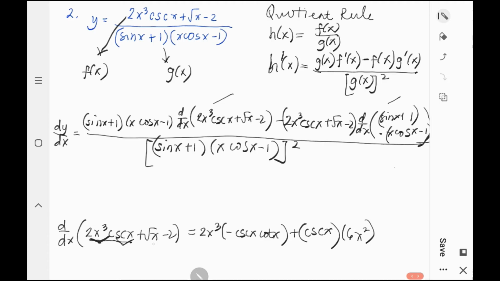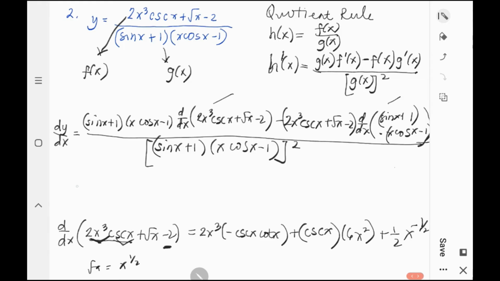And then how about the derivative of the square root of x? Square root of x can be written as x to the 1/2. So the derivative would be the following. You bring down 1/2, so 1/2 x, and you subtract 1 from the exponent, so this becomes negative 1/2. And the derivative of negative 2 is, of course, 0.